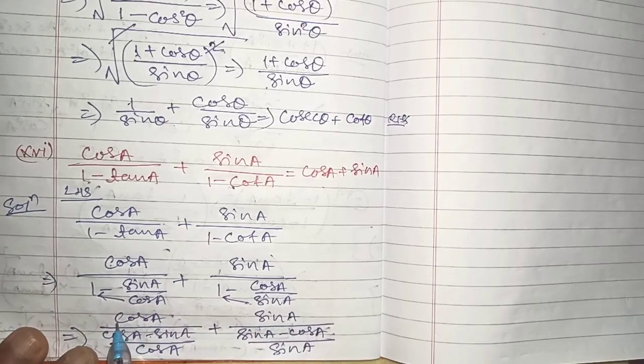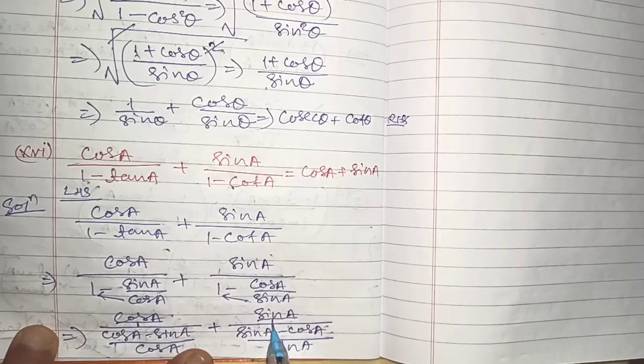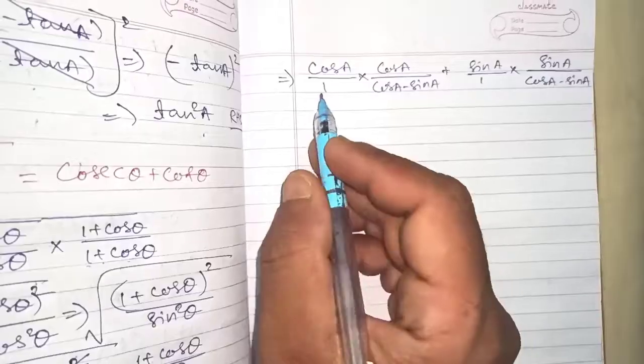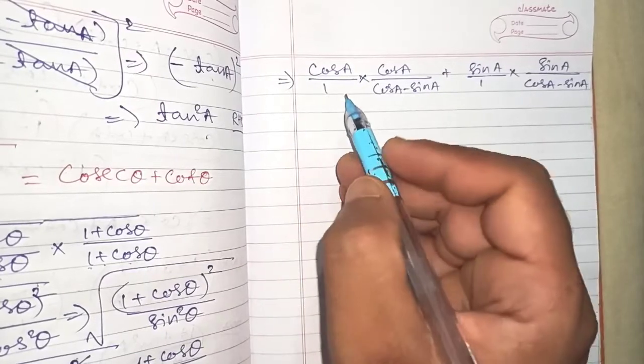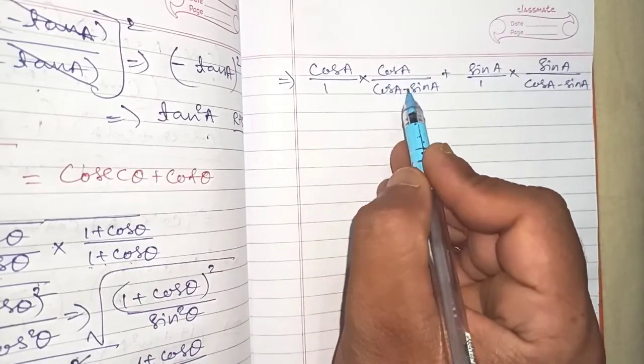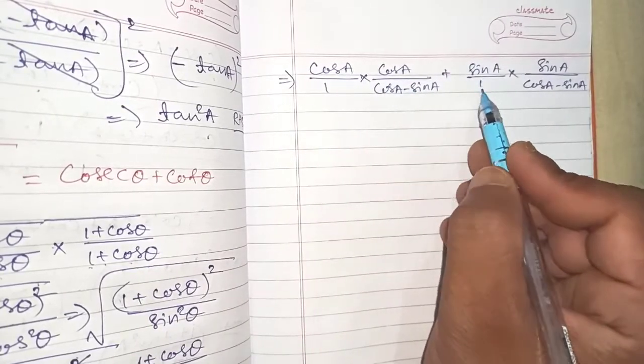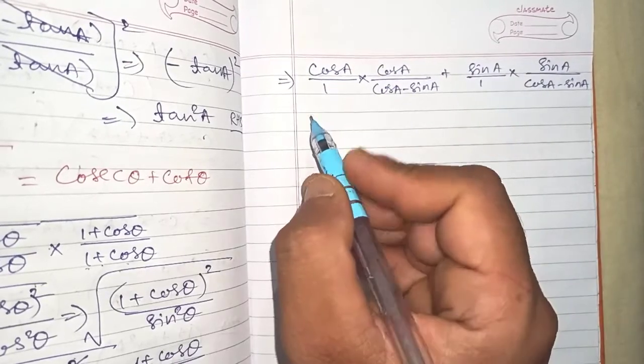There is nothing in the denominator, so we will write 1 here, and here also 1. Now we will arrange the terms. So we got cos a by 1 into cos a by cos a minus sin a, plus sin a by 1 into sin a by cos a minus sin a.